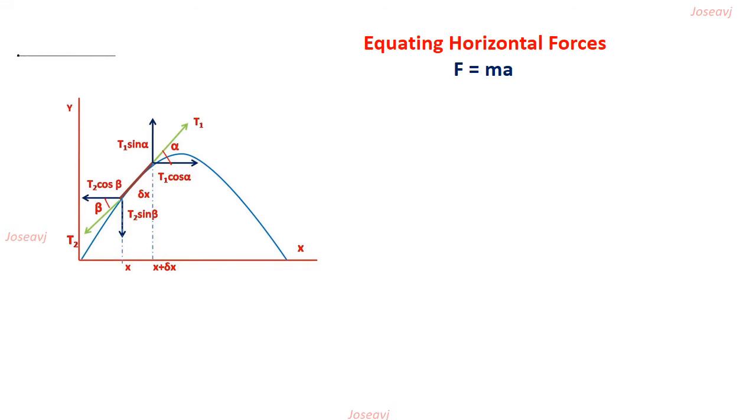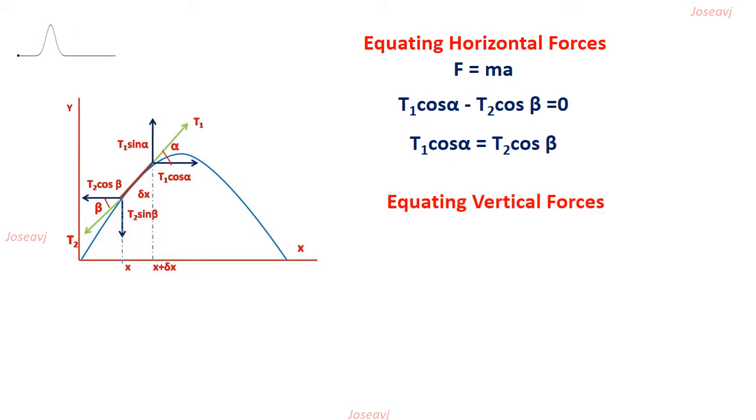So the difference in horizontal force, T1 cos alpha minus T2 cos beta, is equal to 0, because when the string is plucked up and released, it vibrates vertically. There is no horizontal motion, therefore acceleration along the horizontal direction is equal to 0, or T1 cos alpha is equal to T2 cos beta.